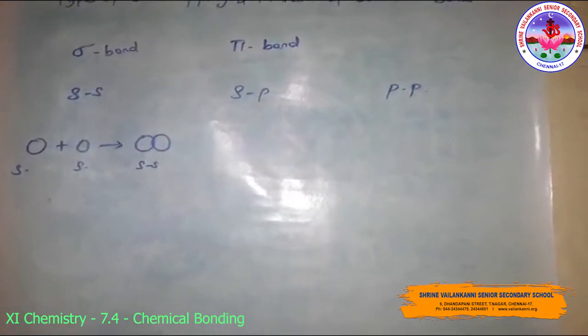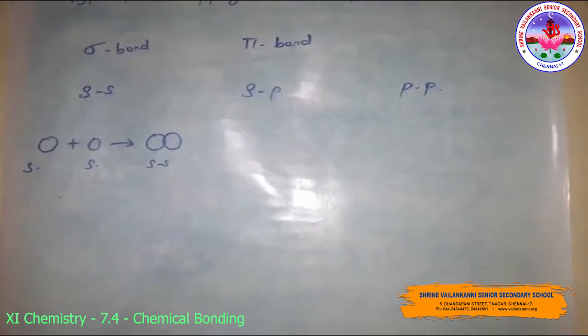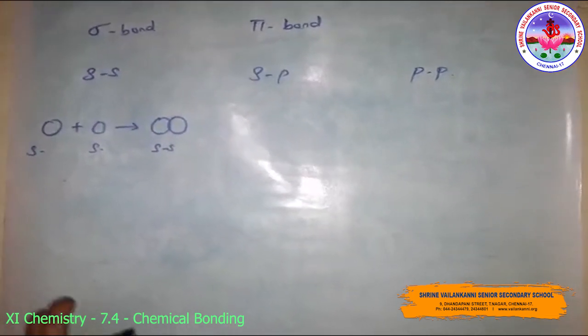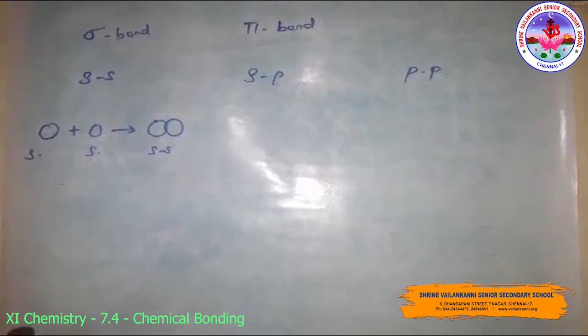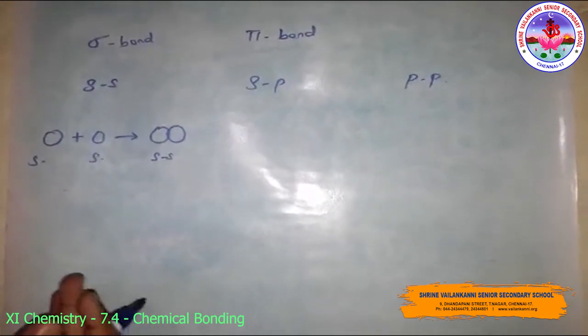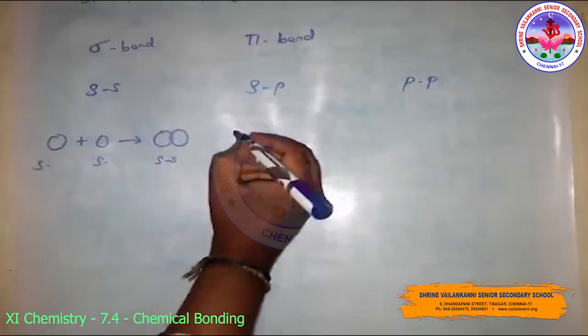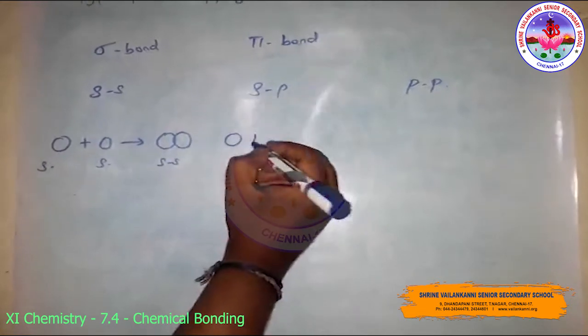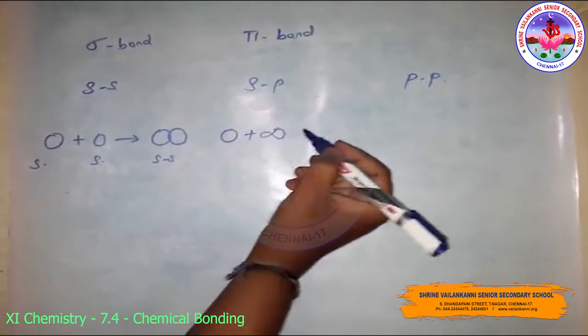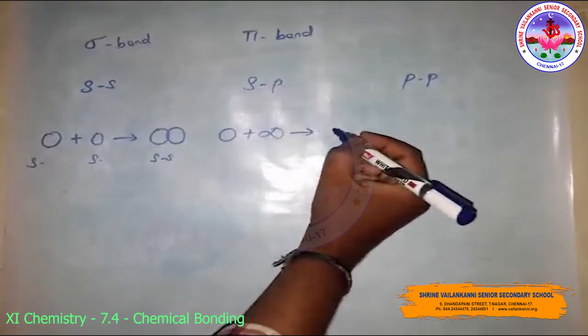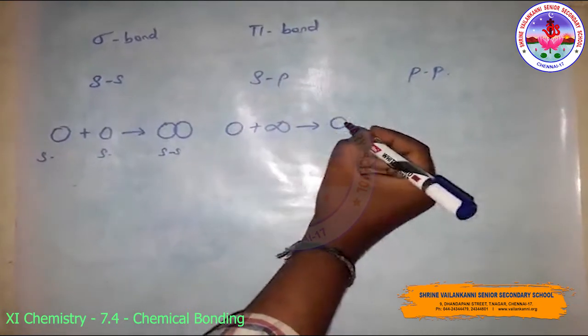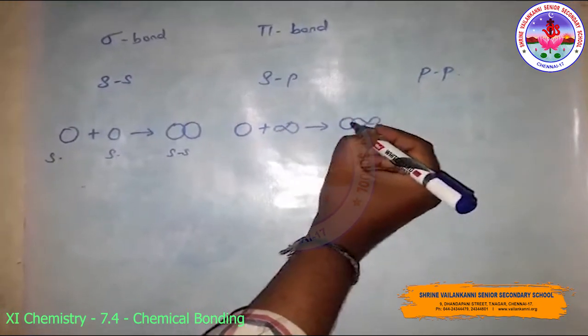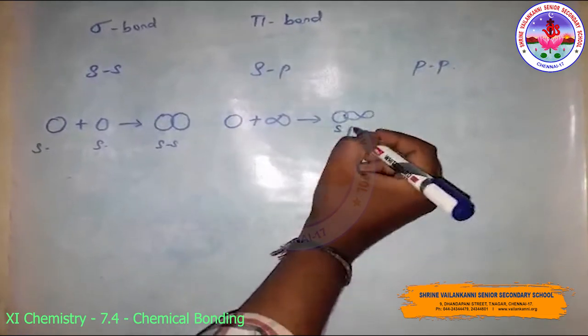And the s-p overlapping. This overlap occurs between the half-filled s orbital of one atom and the half-filled p orbital of the other atom. Like this, this is the s orbital and this is the p orbital, overlapping like this. This is s-p overlapping.